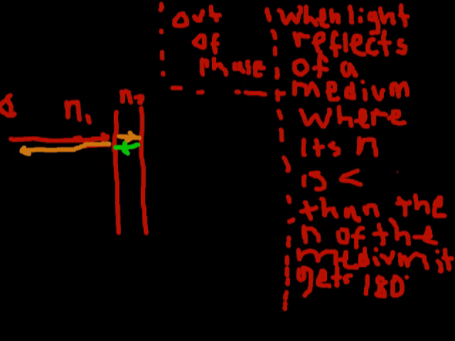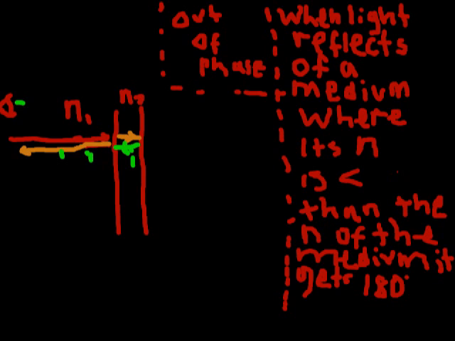So if this eye could only see the reflected light, you would see either a bright spot or a dark spot based on whether these two reflected lights are in phase or out of phase. And how do we know that? Because of the path length difference.